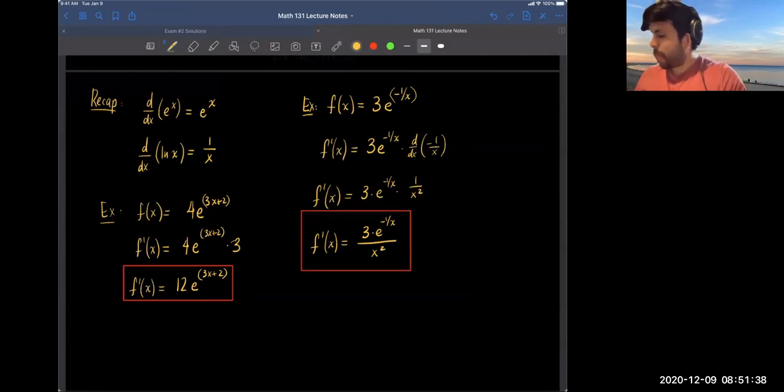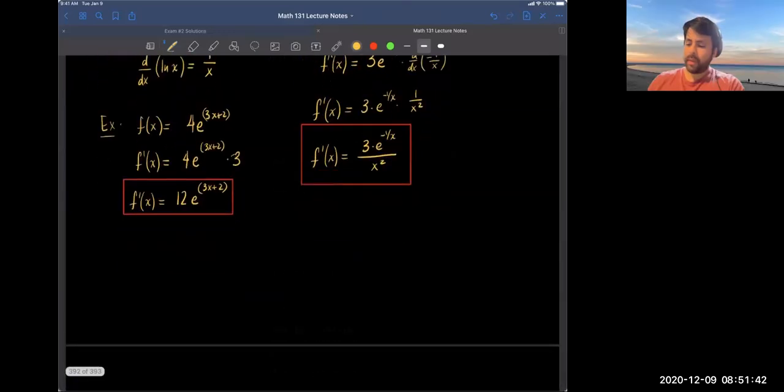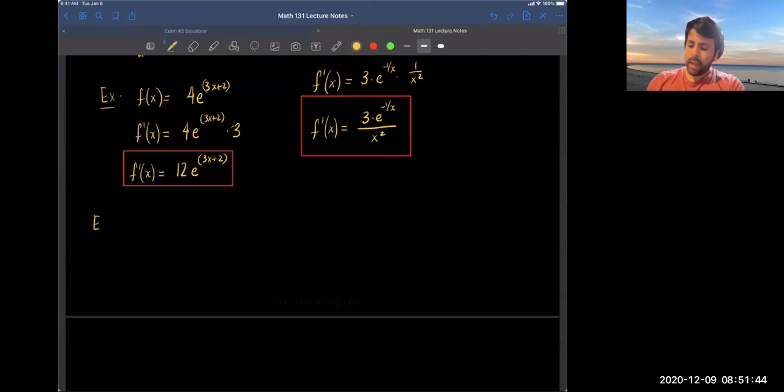Okay. So now let's look at logarithmic functions a bit. Let's say I want to differentiate the function 3x squared times ln of x, pardon me, ln of 2x. What would be the derivative?